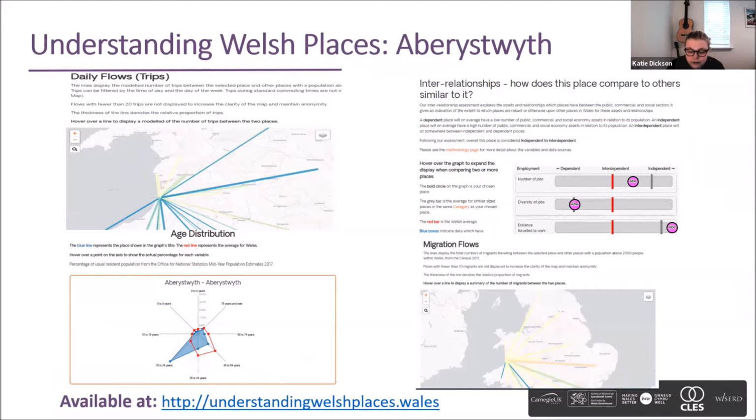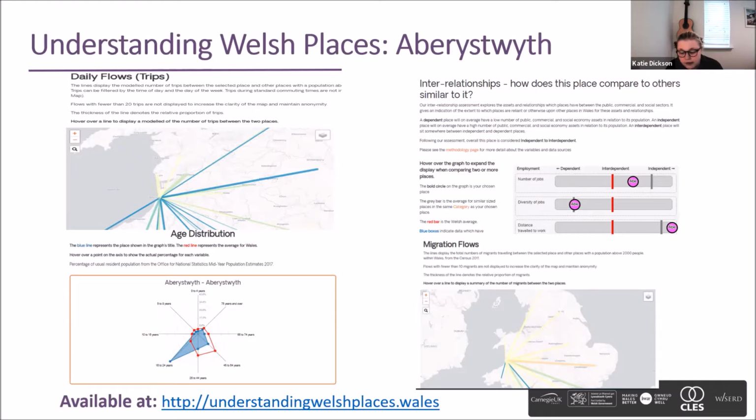It also allows users to map population flows, so that's commuting, migration and daily trips, graph socioeconomic and demographic data, and compare between places. So this is the dashboard for Aberystwyth, but if I wanted to pull data from Cardiff and do a comparison, I could do so if I wished.